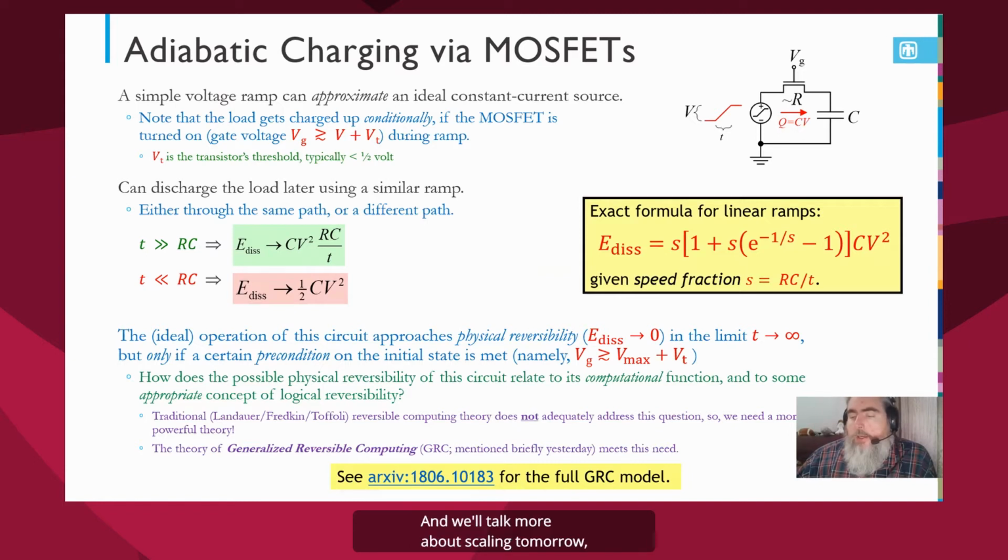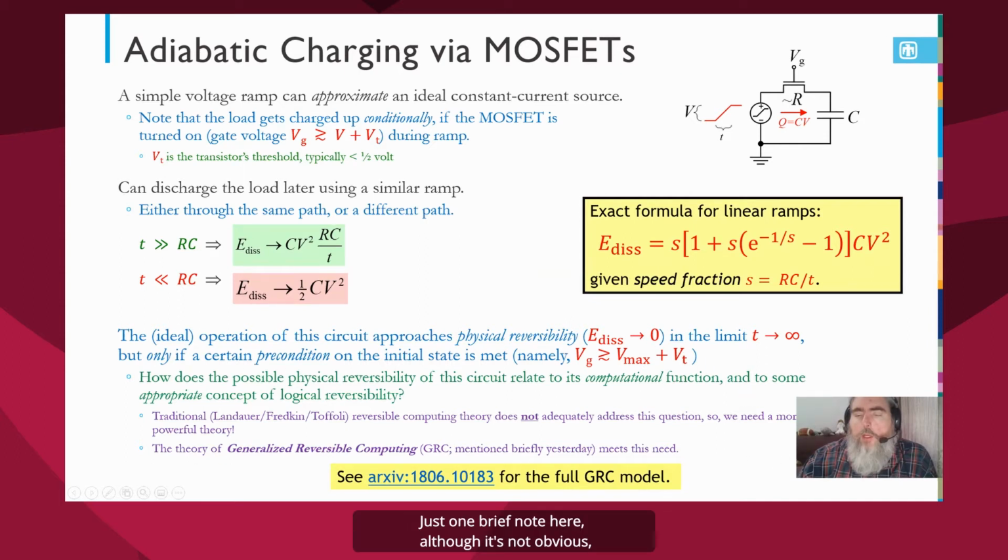And we'll talk more about scaling tomorrow, but the upshot is that these approaches will become increasingly favored economically as transistors continue to get cheaper, but the energy efficiency of conventional approaches stops improving.